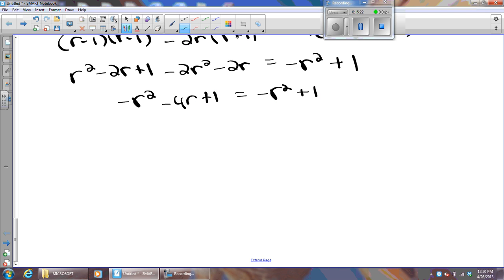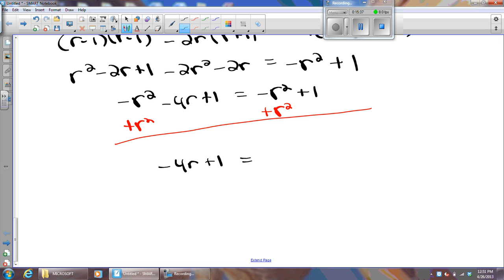All right, I'm going to add r squared to both sides. And when I do that, I'm left with a negative 4r plus 1, and that'll equal 1. Well, now I can go ahead and subtract 1. Negative 4r is going to equal 0.